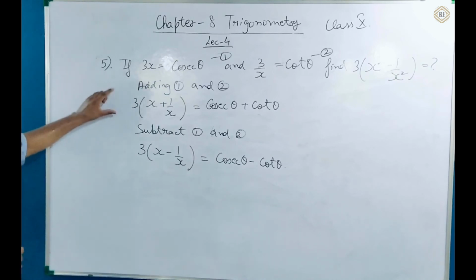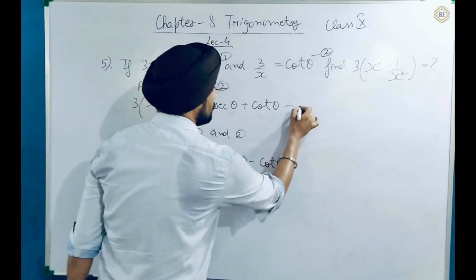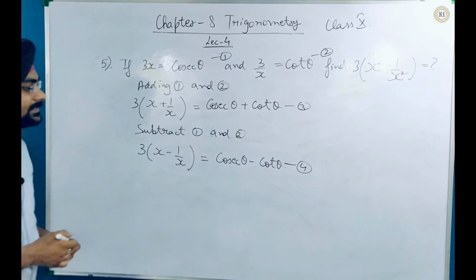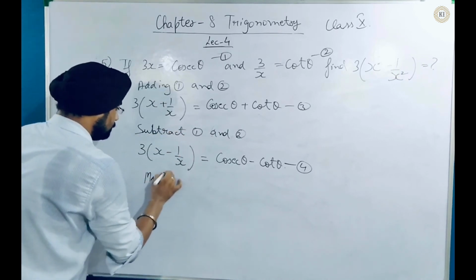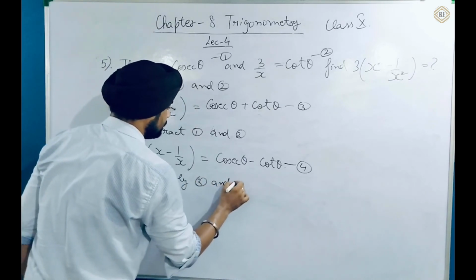So first of all we add, second step we subtract. Suppose this is our equation number 3 and this is our equation number 4. Now in the next step we multiply equation 3 and 4.